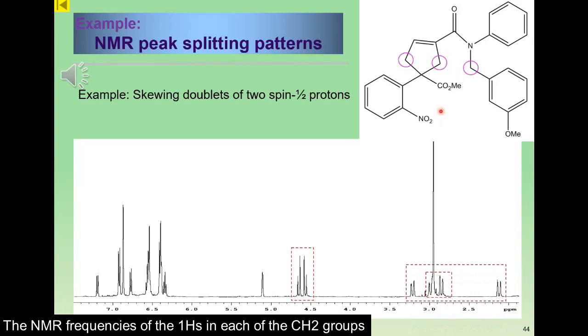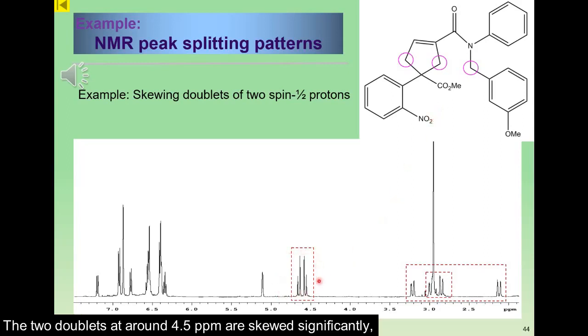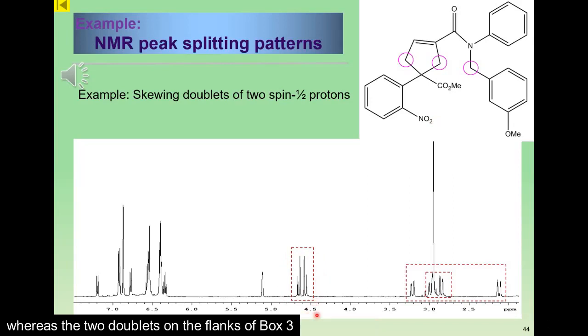The NMR frequencies of the 1H's in each of the CH2 groups are slightly different from each other, which allows us to observe the skewness of the doublet. The 2 doublets at around 4.5 ppm are skewed significantly, whereas the 2 doublets on the flanks of box 3 are just slightly skewed because they are further apart.